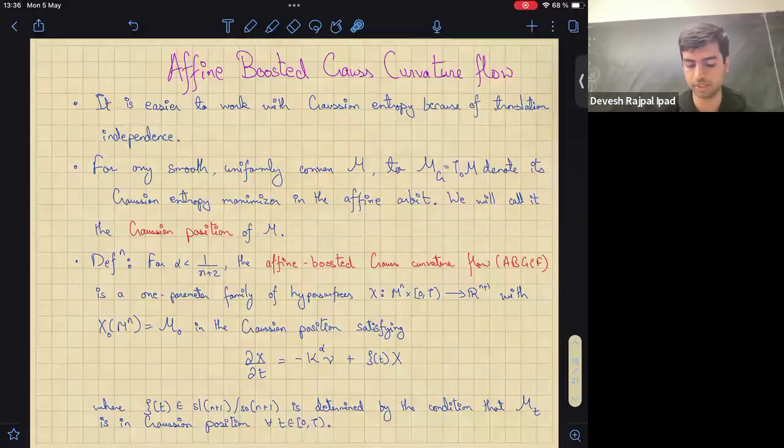And the idea is to come up with an affine boosted Gauss curvature flow, which exploits this lower bound at the cost of looking at an affine orbit. In our case, it is easier to work with Gaussian entropy because it is translation independent. And so some of the formulas later are easier than entropies which have sigma in them.